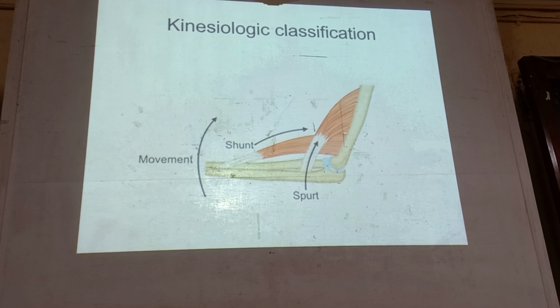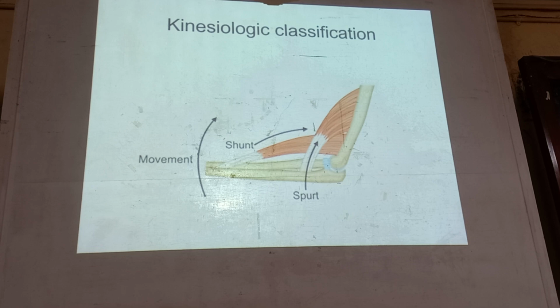Transarticular means towards the joint, that means parallel to the forearm bone. And the other component is at right angles to the forearm bone. Obviously, by the direction of the vector, you will realize that the transarticular component is a small component, and the component at right angles to the forearm bone is a bigger component for the muscle labeled here as spurt.